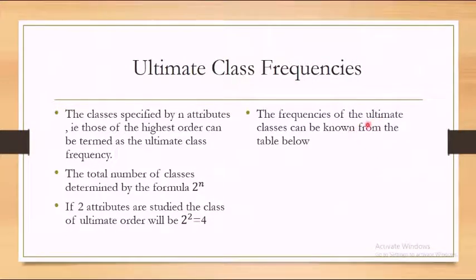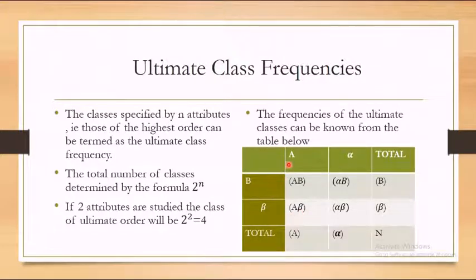Now the frequency of ultimate classes can be known from the table below. I will give you a table. You can see there are two attributes A and B. What is alpha? Alpha is the attribute that does not possess A. And what is beta? Beta is the attribute that does not possess B. Since you have two attributes, we have written 2 raised to 2, so there will be 4 ultimate classes, and you can write this in the form of a table.